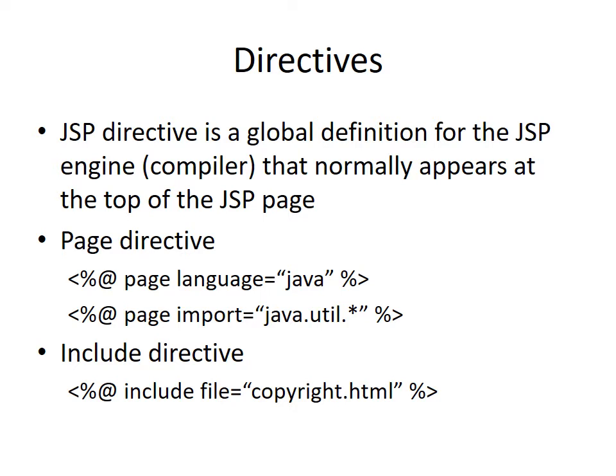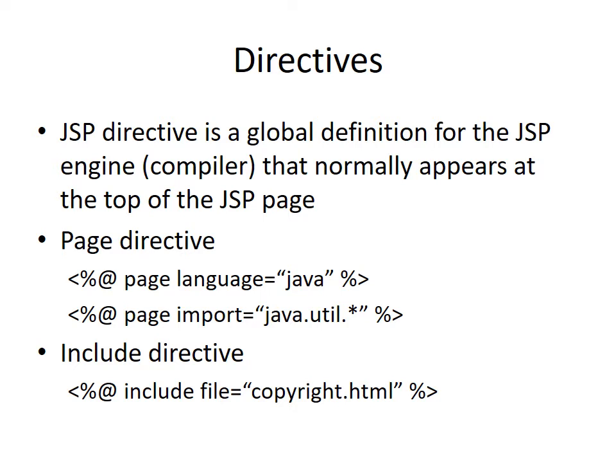Whereas in the second line my attribute name is import, and I am importing which package? java.util. So I am importing all the classes. You observe the asterisk here, right? That asterisk indicates import all the classes in the util package. So this is the value for the import attribute. Let me put it again. The @ indicates your directive tag.